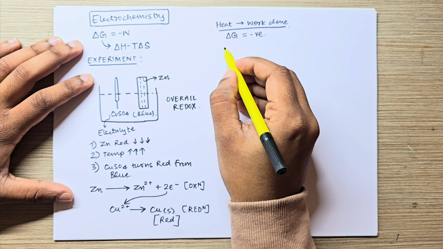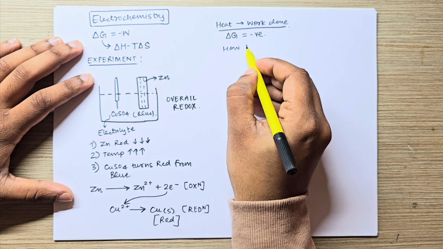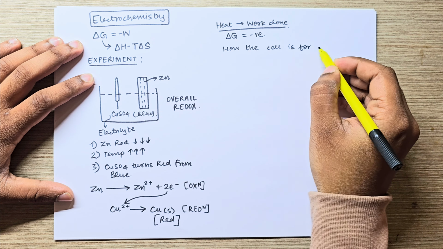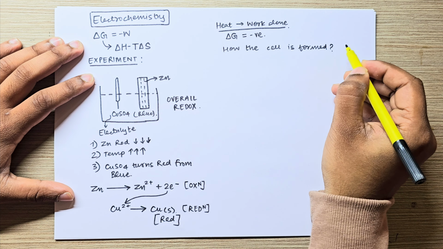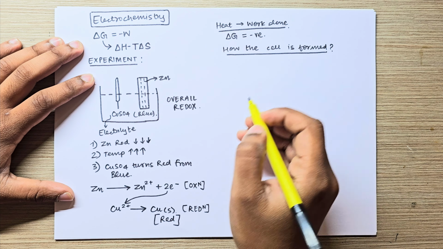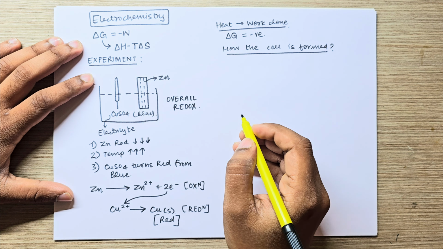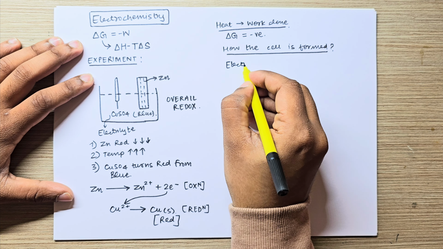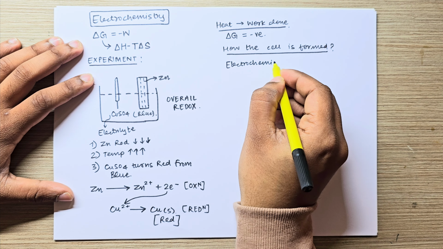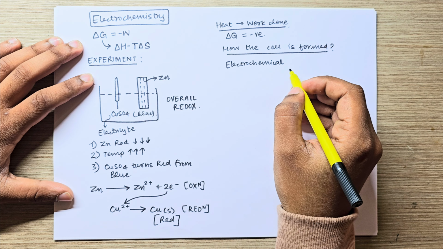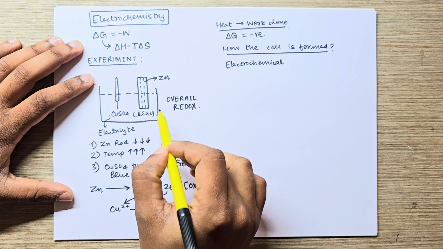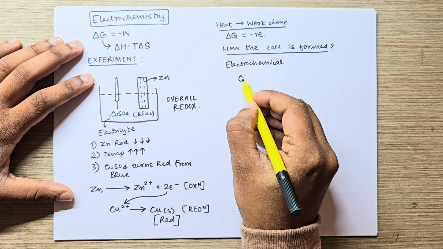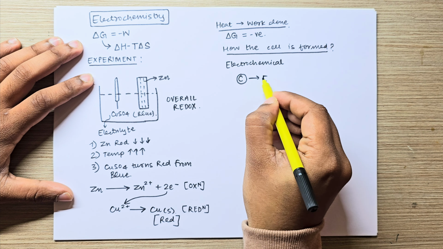Now see how the cell is actually formed. We can call it an electrochemical cell because we are converting chemical energy into electrical energy.